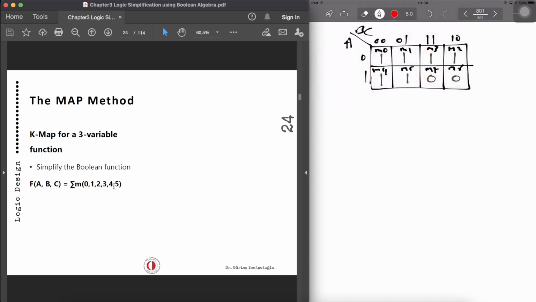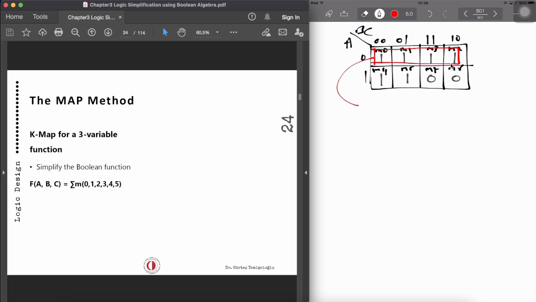I can easily see that I can combine 0, 1, 2, and 3 like a huge rectangle. I cannot do this. I'll show you. I cannot do this as this is going to give me 6, which is not possible. It's not a power of 2. So I'll go first with this large or long rectangle, whatever you want to call it.